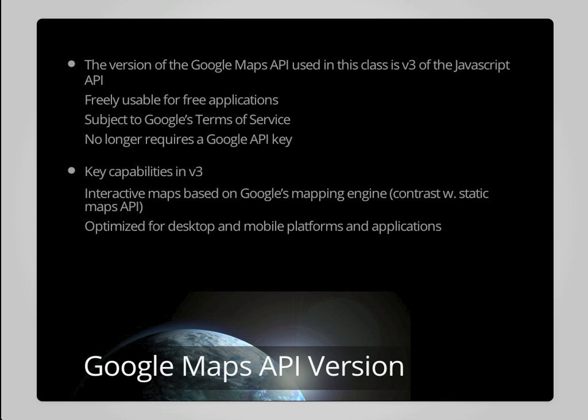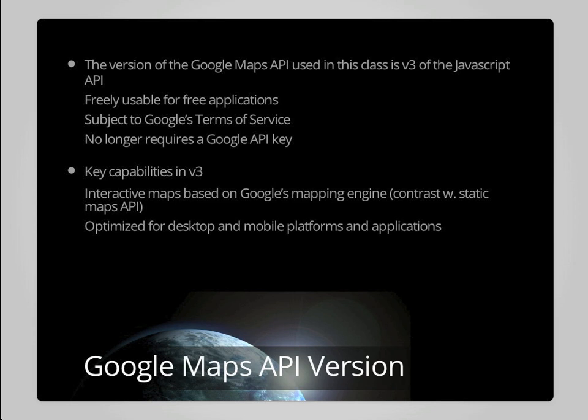And one of the other major changes in version 3 of the API is that it has really been rewritten from the ground up to be optimized for both desktop and mobile platforms and applications. So they've modified the code so that it is more easily deployed onto a wider variety of client platforms.